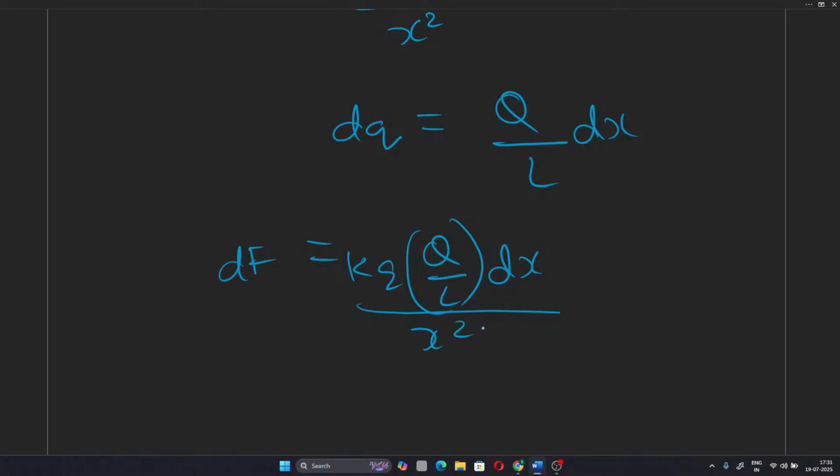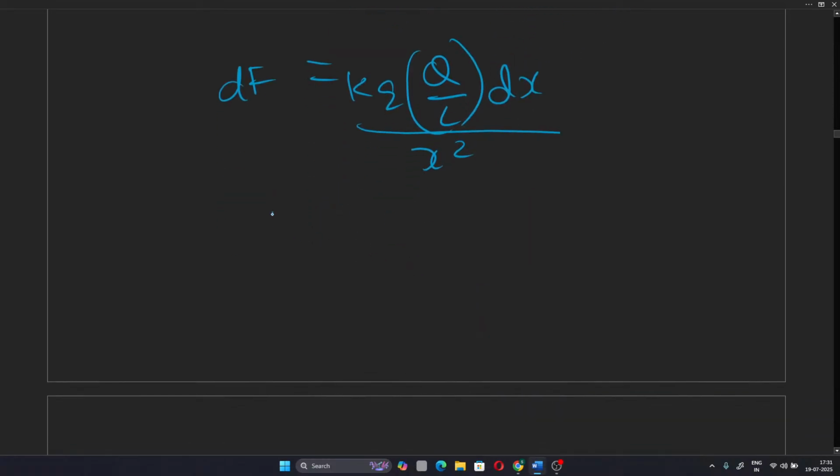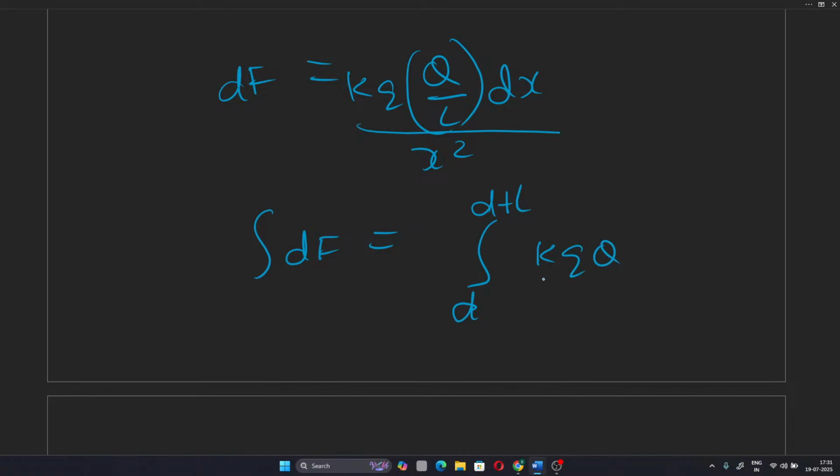Now we do integration of df, which is equal to, with limits from the distance d to d plus L, kq by L x square d of x.